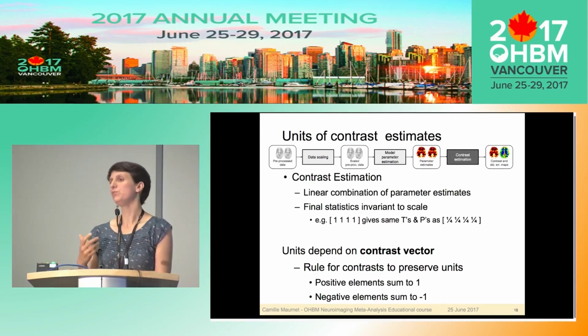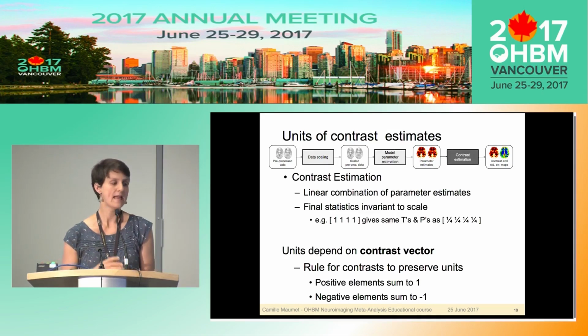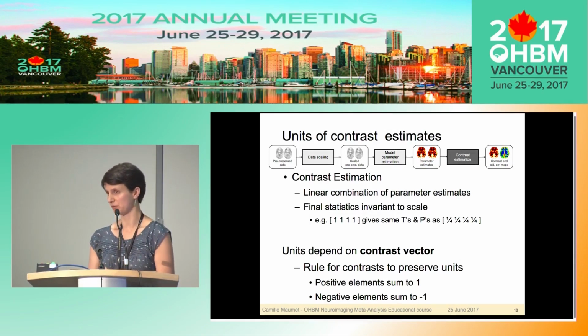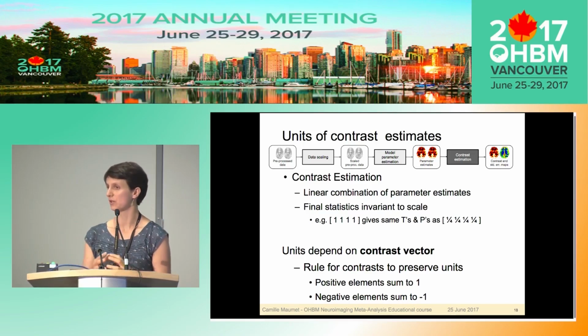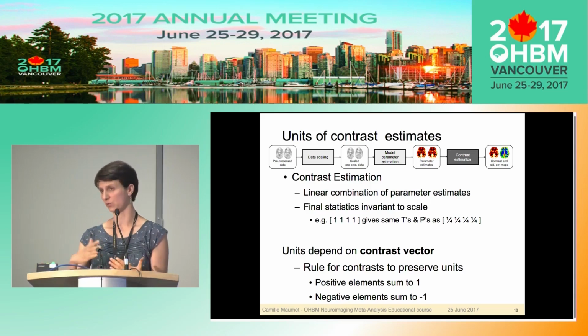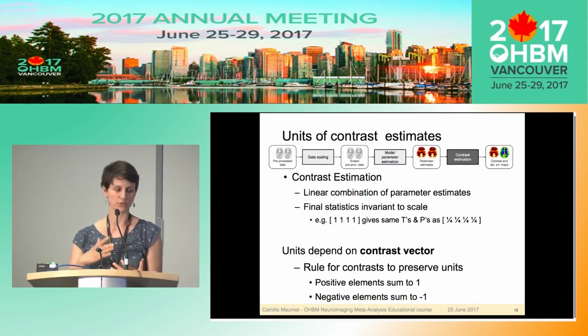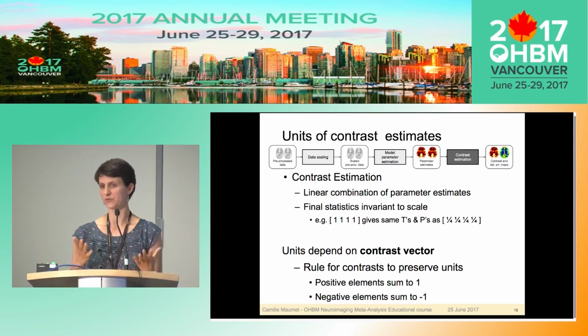Then finally, usually we are not interested in just one parameter estimate, but in a linear combination of parameter estimates. And the way you define your contrast weights is again going to impact the units of your contrast maps. So for instance, if I was looking at a contrast vector of 1, 1, 1, 1, or 1 quarter, 1 quarter, 1 quarter, 1 quarter, I would get exactly the same results for my study.